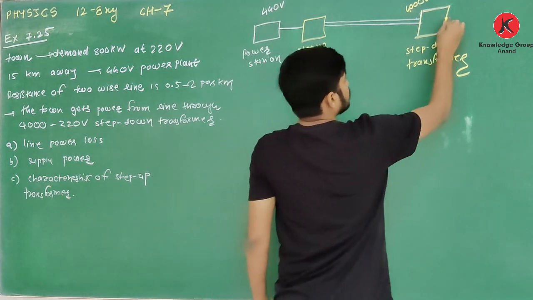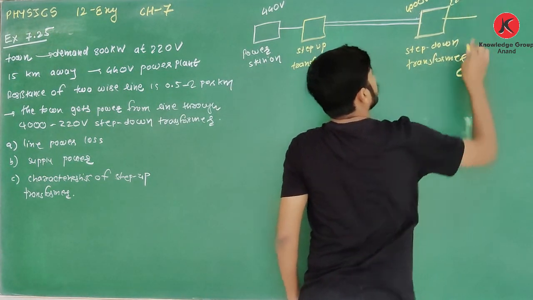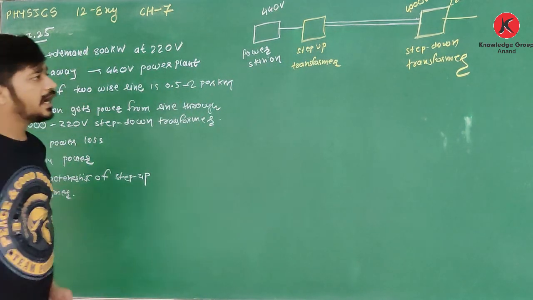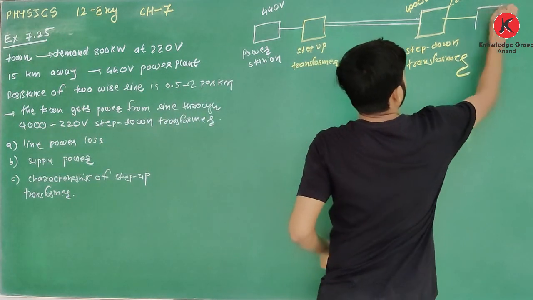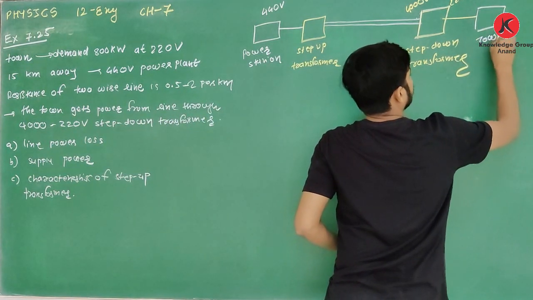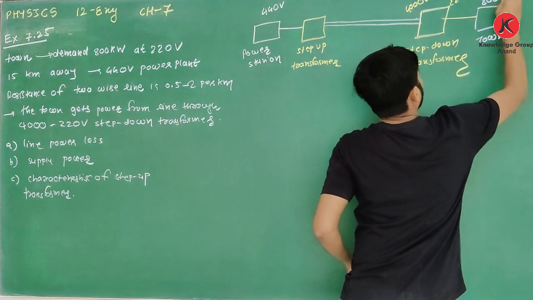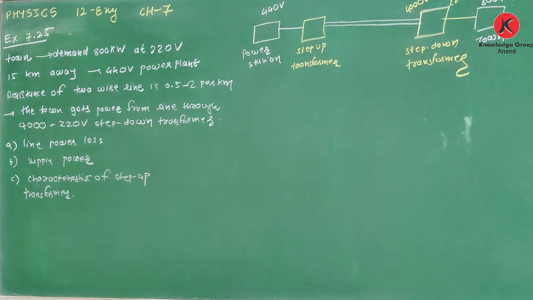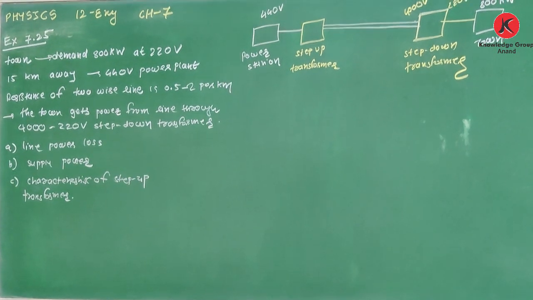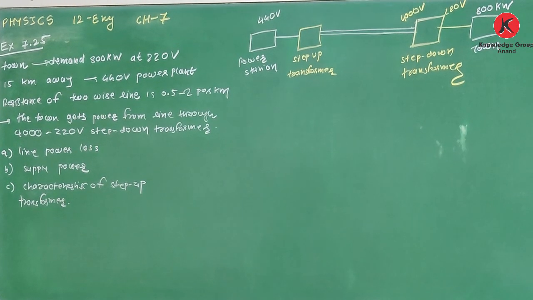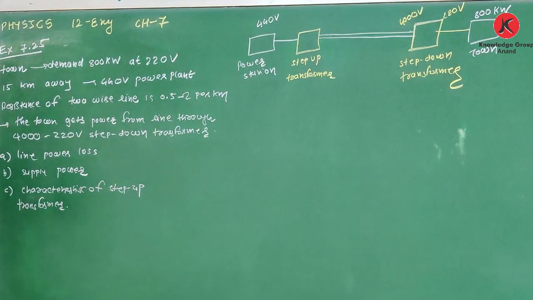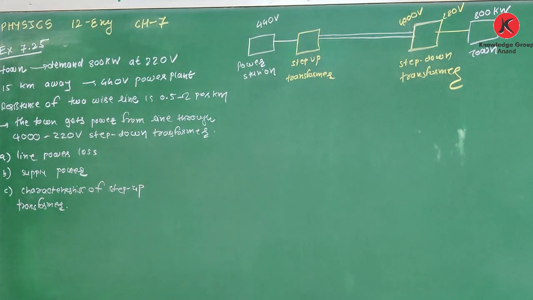And the step down transformer will convert it into 220 volt, which is the demand of the town. At the town, the power is 800 kilowatt. So yes, it is the diagram. Clear about this diagram? Okay, now we have to find the answers. First of all, what is line power loss? Then what is supply power? So first of all, we will find the resistance of the two wire line.